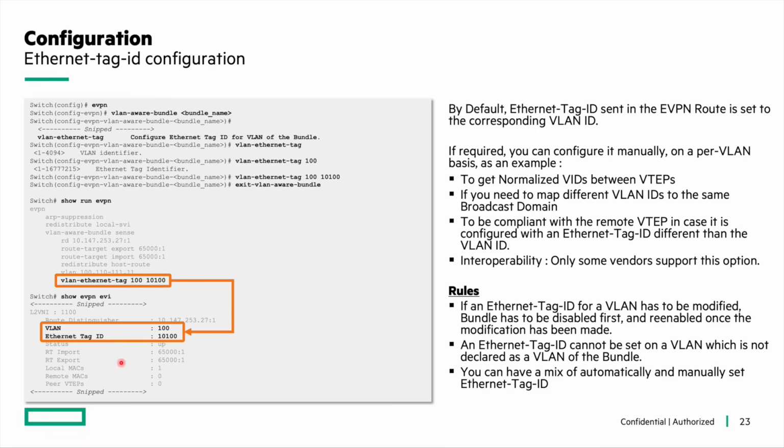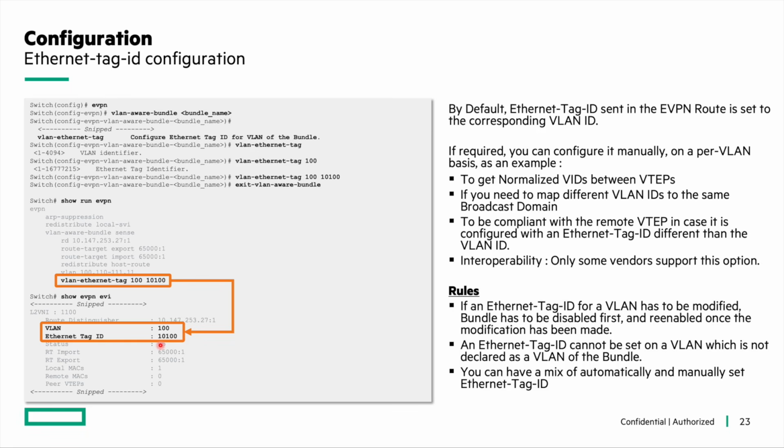Doing a show EVPN EVI, we can now see that the Ethernet tag ID field is not the same as the VLAN. But keep in mind that when manipulating the Ethernet tag ID, there are some rules to follow. If you need to modify a tag ID, you first need to disable the whole bundle and re-enable it once your change is done.